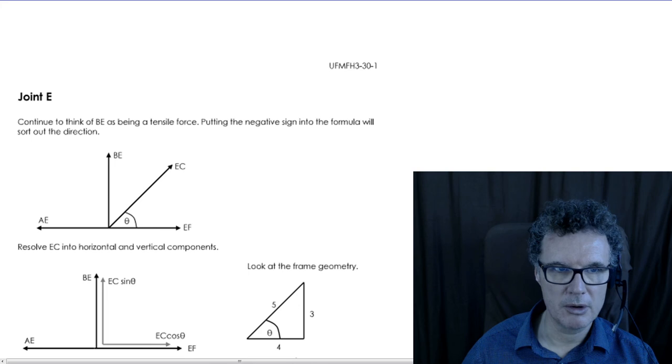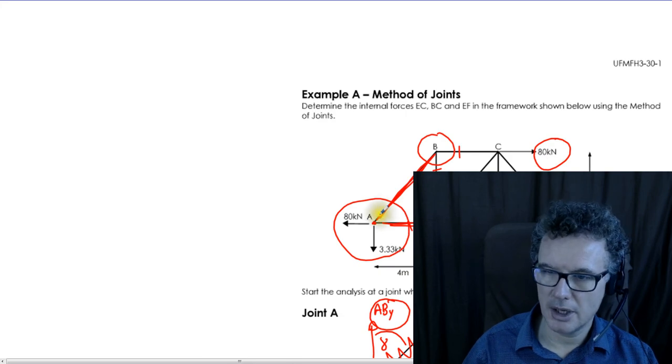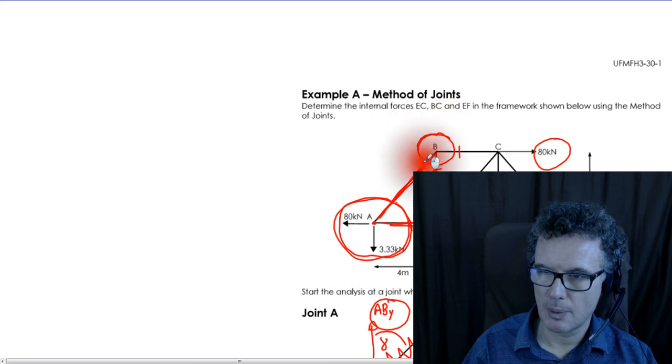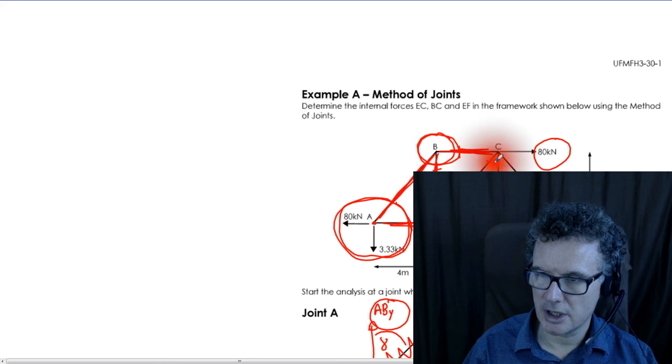Okay, so where are we going next? So we've done A, we've done B. Can we move to C? Well, if we move to C, we know what this joint is now, and we know what this joint is now. So move to C, you can see I'm going to be cutting through 3 unknowns, so I can't.